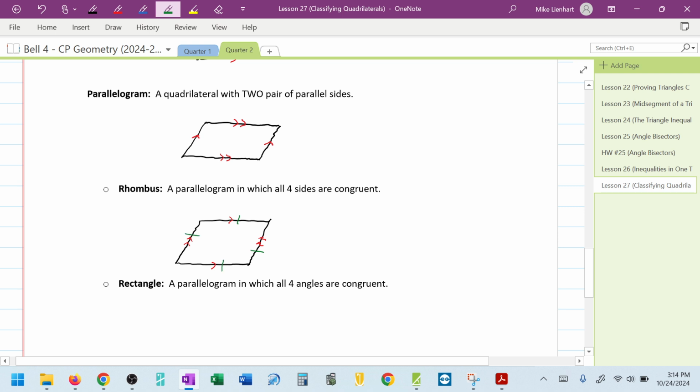So what makes a rhombus different from a parallelogram is it has four congruent sides.